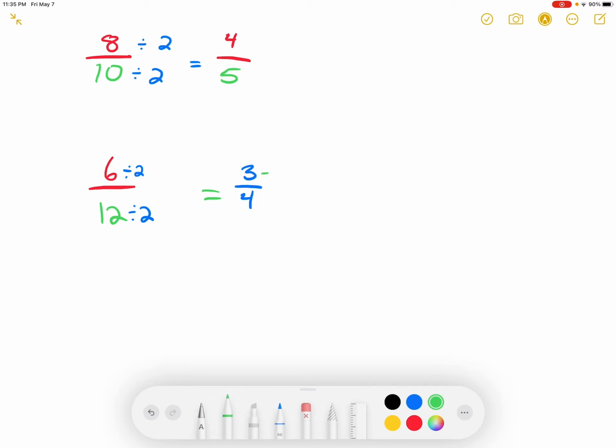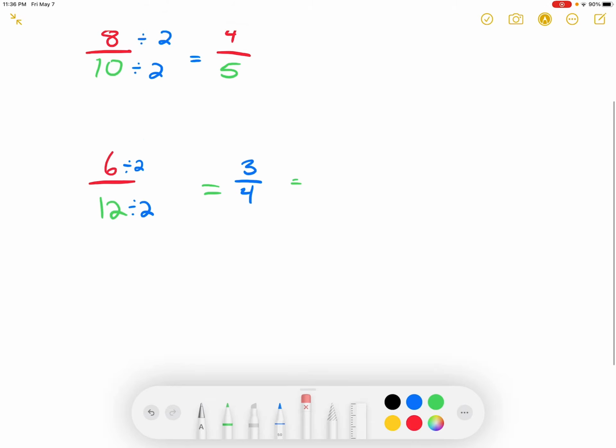And it looks like I can't get any lower, because 3 divided by 3 would be 1, but 4 divided by 3 is not anything we want to deal with. Divided by 2, 3 does not get divided by 2. Divided by 1 returns us back to 3 over 4, so that's all we can do.